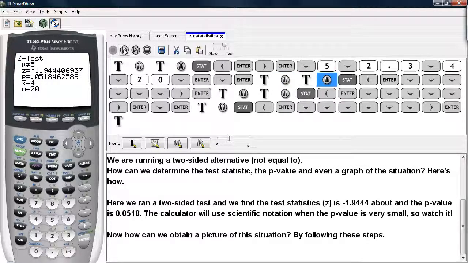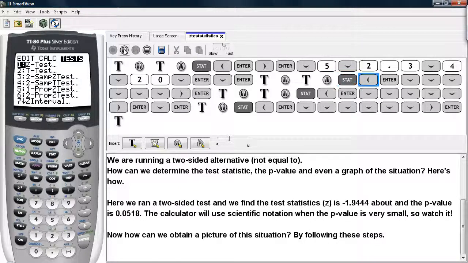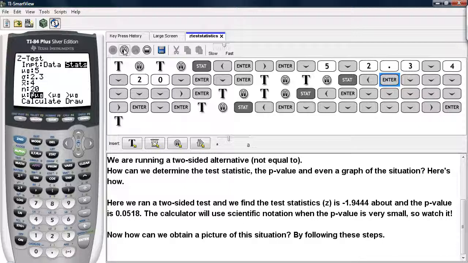Now, how can we obtain a picture for this situation? Well, here's how. You hit Stat, go back under Tests, choose the z-test again, and scroll down till you get to the bottom and highlight Draw. And then hit Enter so it's highlighted, and it will draw the situation.